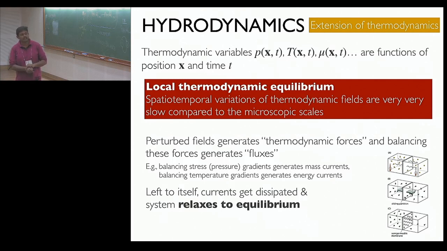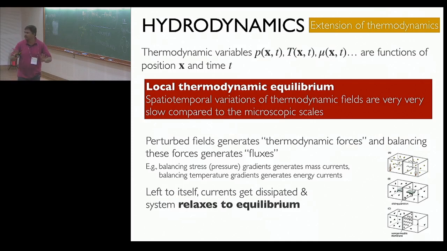If I increase the pressure here, that will put a force on the semi-permeable membrane and move it such that the pressures balance. In other words, if you perturb the system, you will get additional thermodynamic forces which will try to restore the thermodynamic equilibrium. The perturbations in pressure, temperature, chemical potential will generate thermodynamic forces which will balance out all the fluxes.